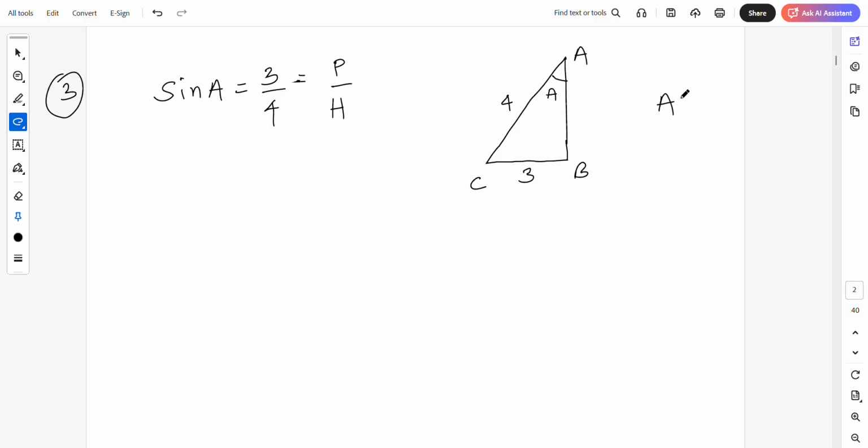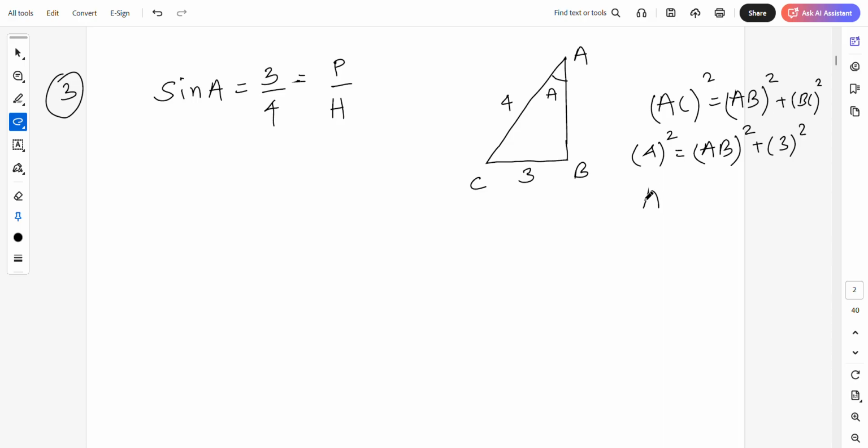Now we can write AC square is equal to AB square plus BC square. AC square is 4 the whole square. AB we do not know. AB the whole square plus BC is 3 the whole square.